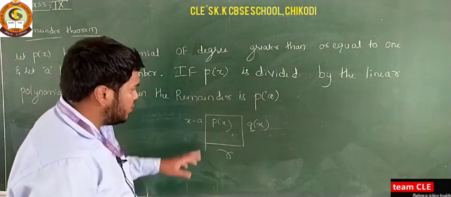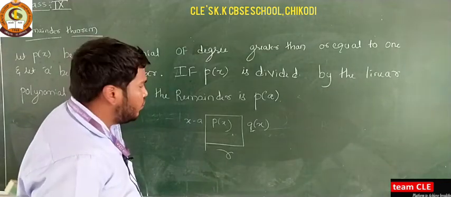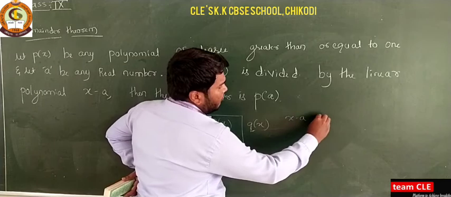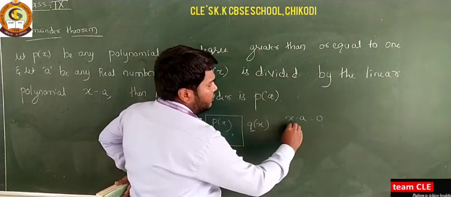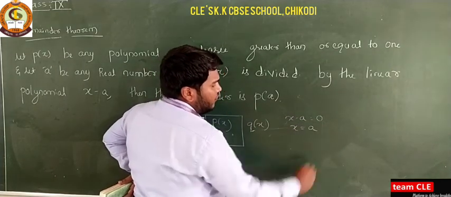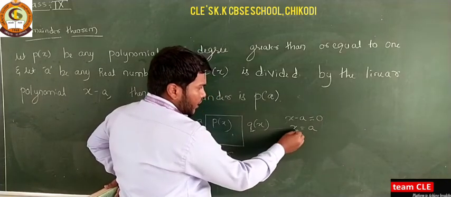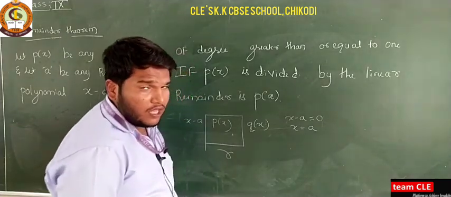So what you have to do is equate x minus a to 0, and then x equals a.